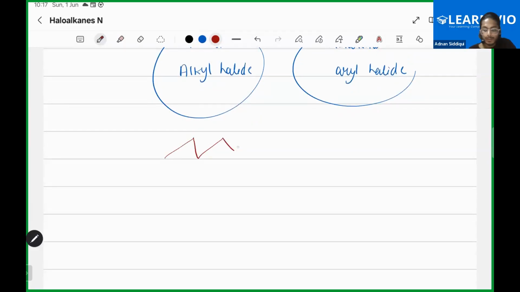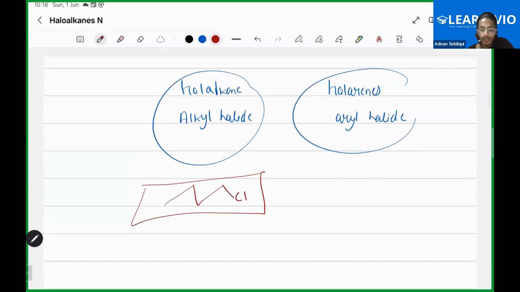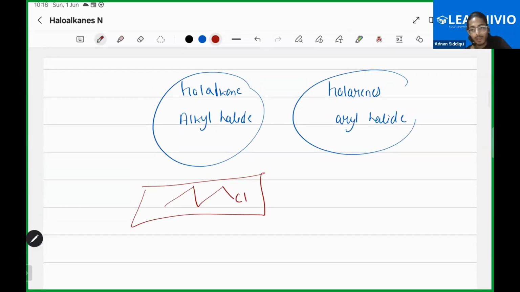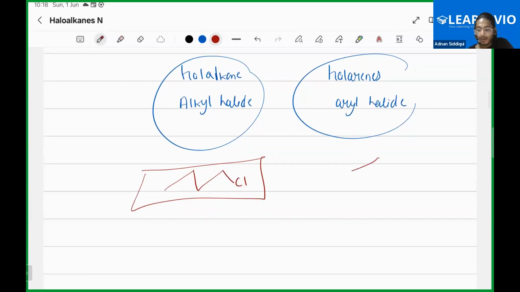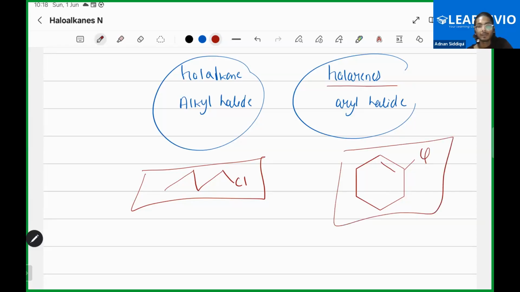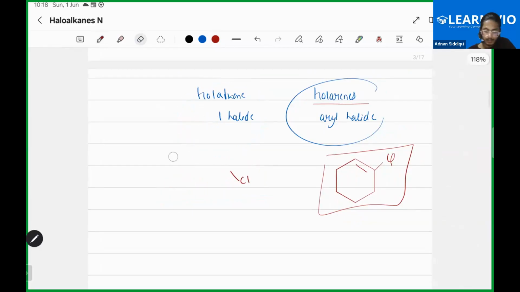If I have an open chain halogen containing species with an alkane with a single bond, then I will call it haloalkane or alkyl halide. But if I have a ring type of structure, then I will call it haloarenes. A ring type structure with a double bond, I will call it haloarenes or aryl halide. We will talk about them in detail as we continue with the chapter.